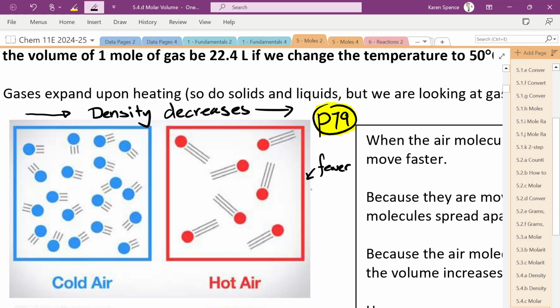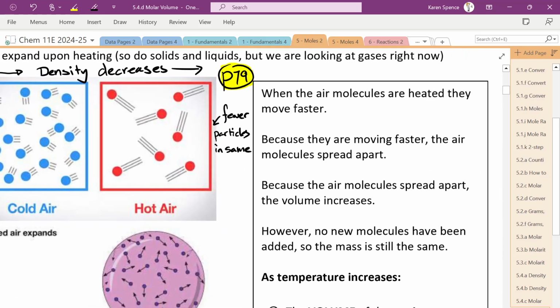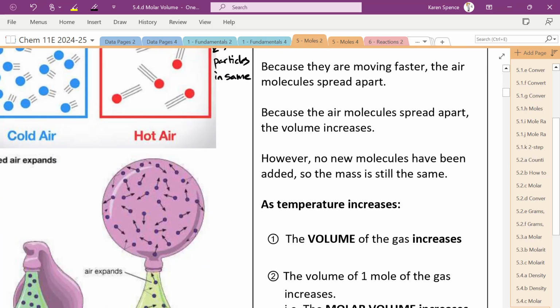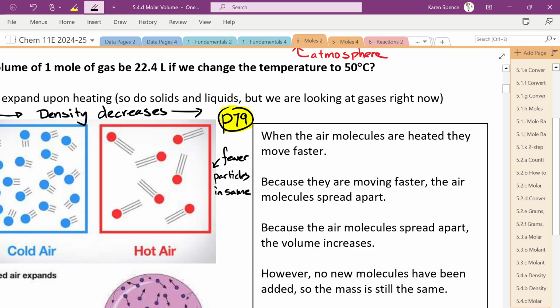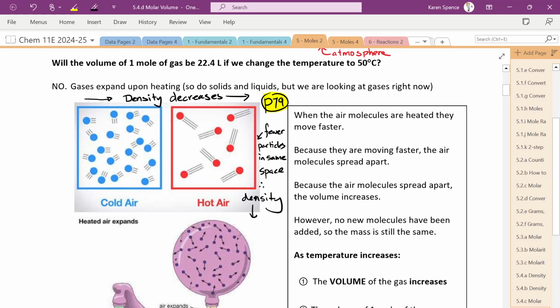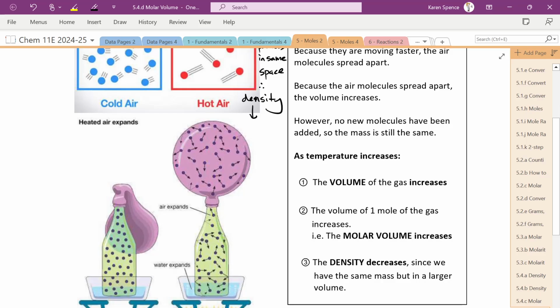They're more spread out. Fewer particles in the same space. Therefore, the density is smaller.